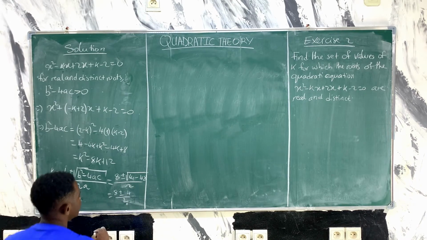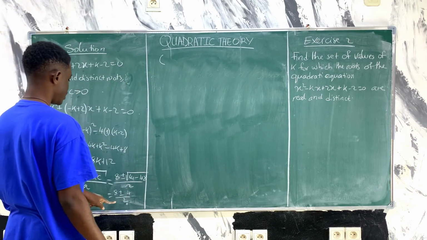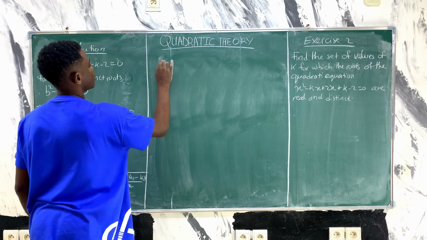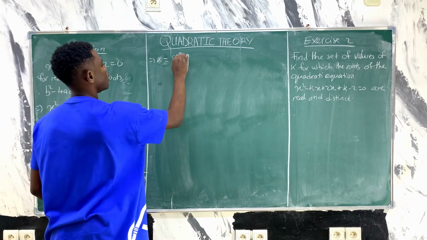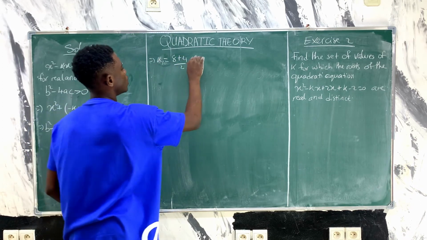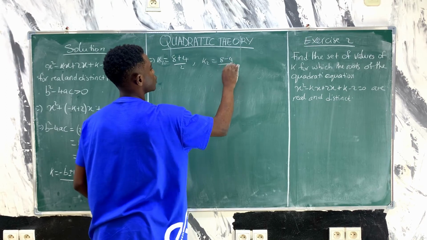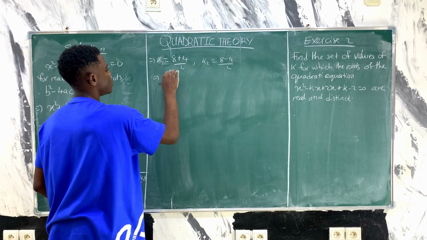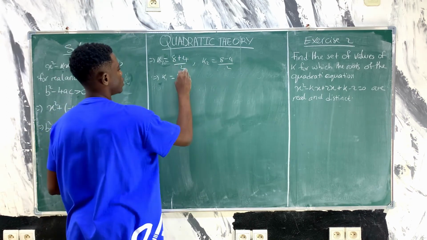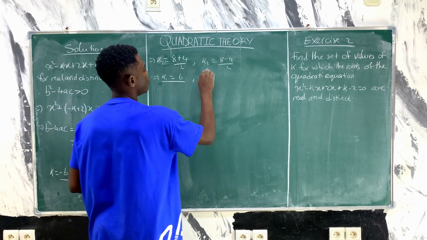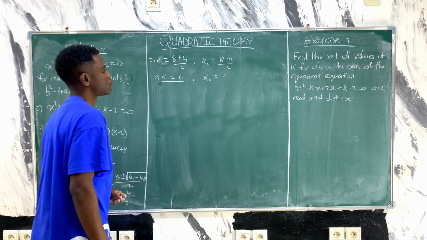So my two values of k are going to be 8 plus 4 on 2, and 8 minus 4 on 2. The first value, let's call it k1, is going to be 8 plus 4, 12 divided by 2, 6. The second value, let's call it k2, is going to be 8 minus 4, 4 divided by 2, 2.